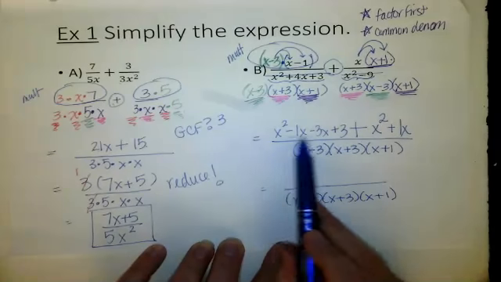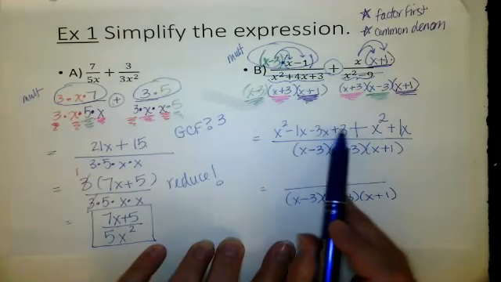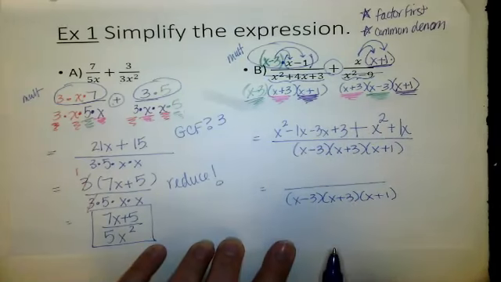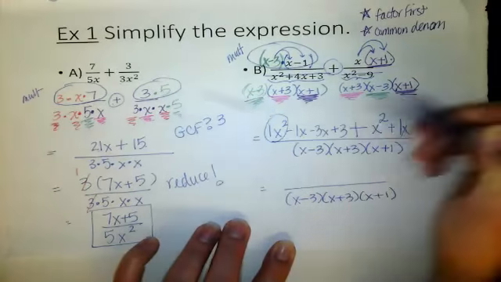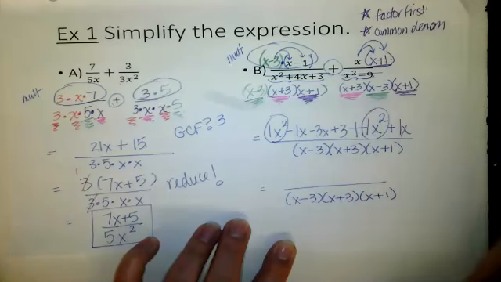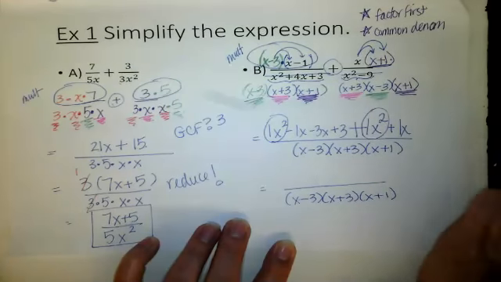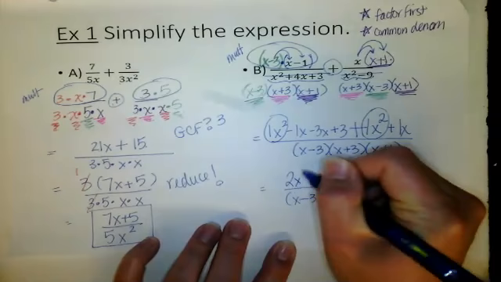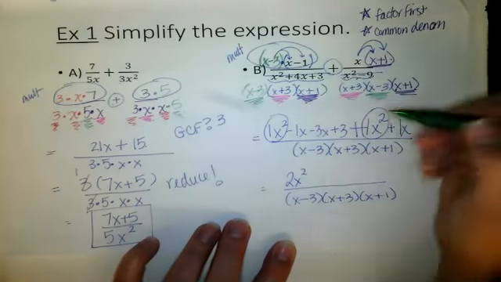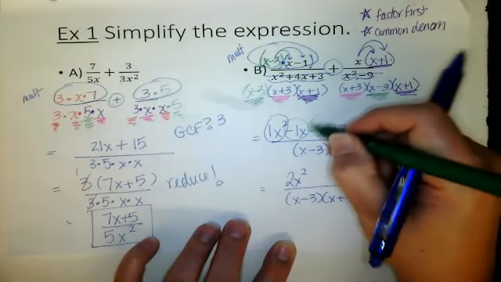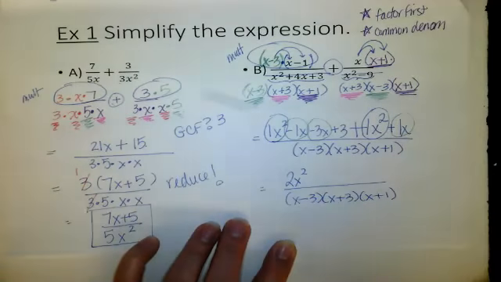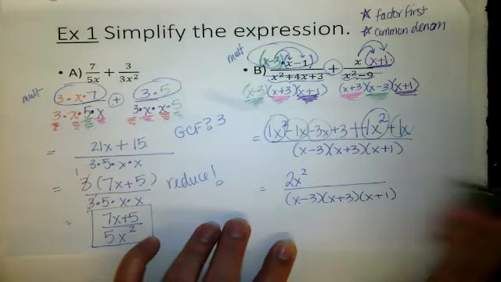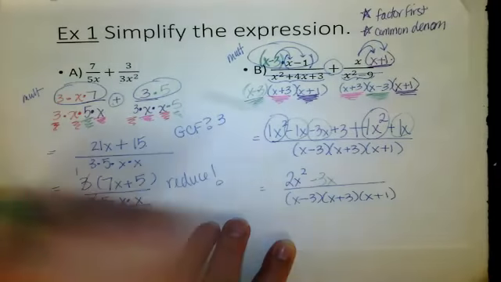What do you suppose I need to do with my numerator now? Combine like terms, yes. 1x squared plus 1x squared is 2x squared. Good. I have a -1x and a -3x and a +1x, which is what? -3x.